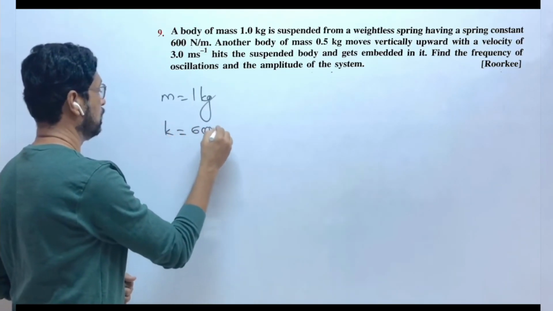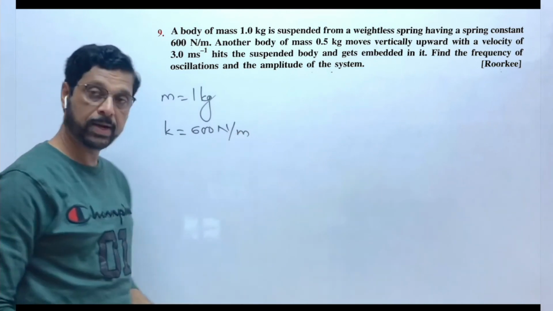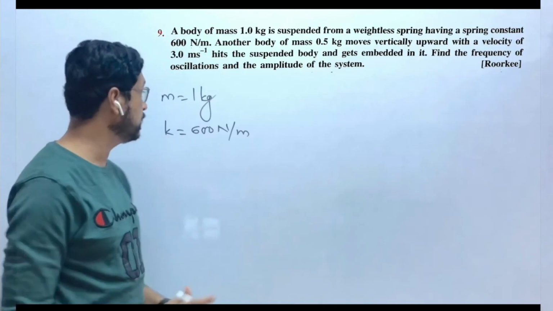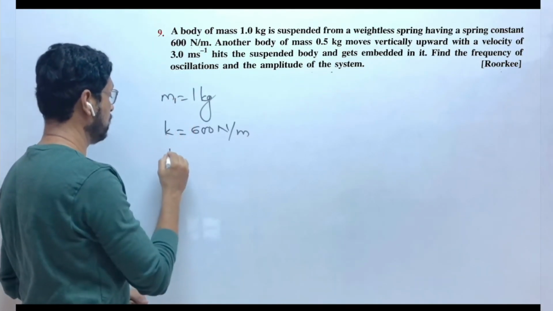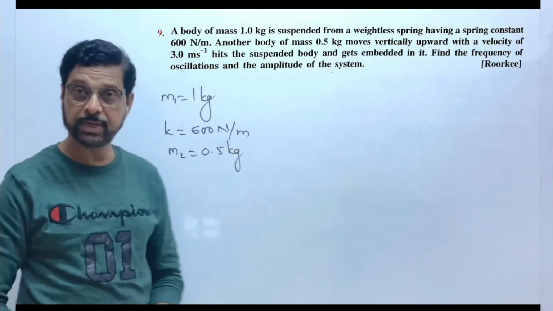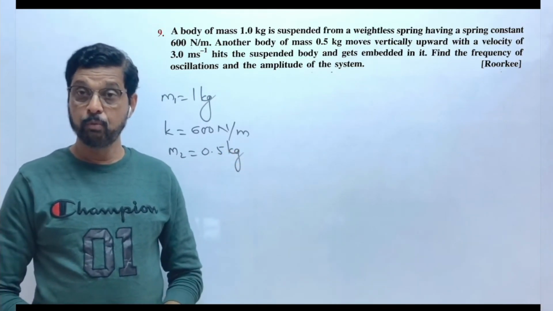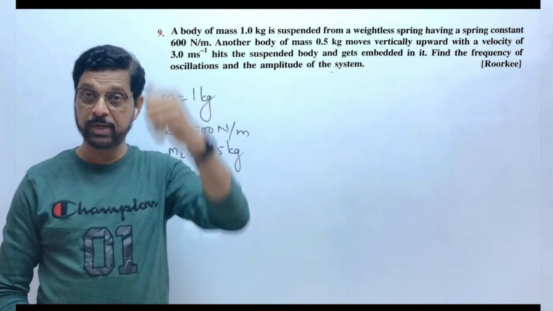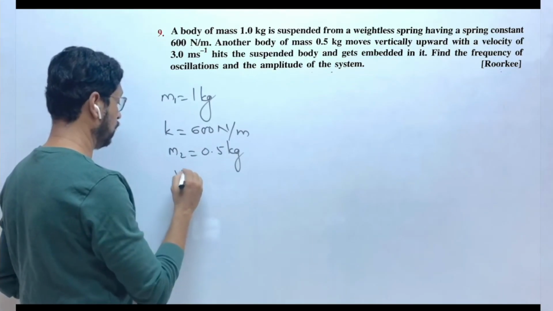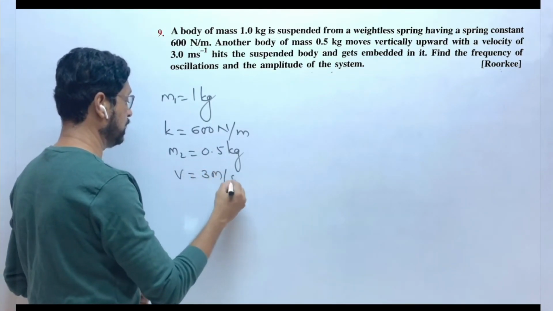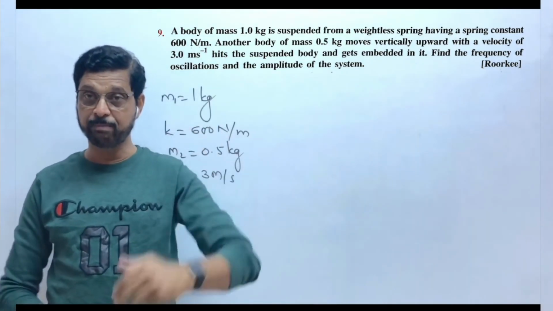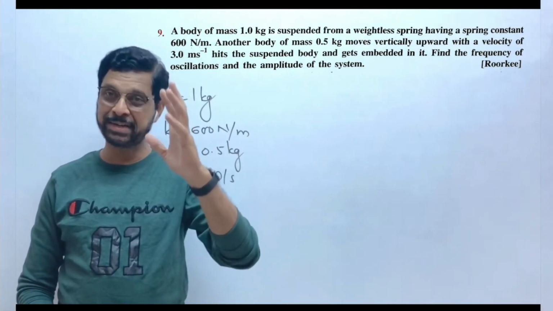Another body of mass 0.5 kg, this is M1, moves vertically upward with a velocity of 3 meter per second. The velocity of that body is 3 meter per second. It hits the suspended body and gets embedded in it.